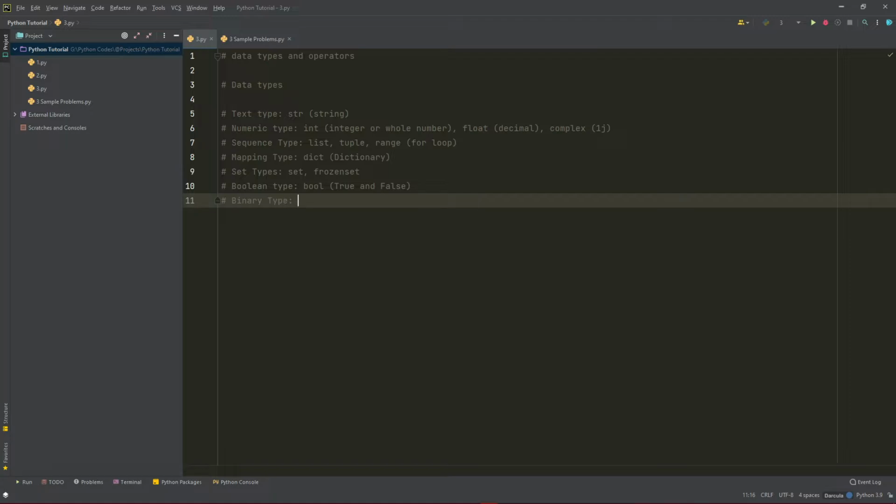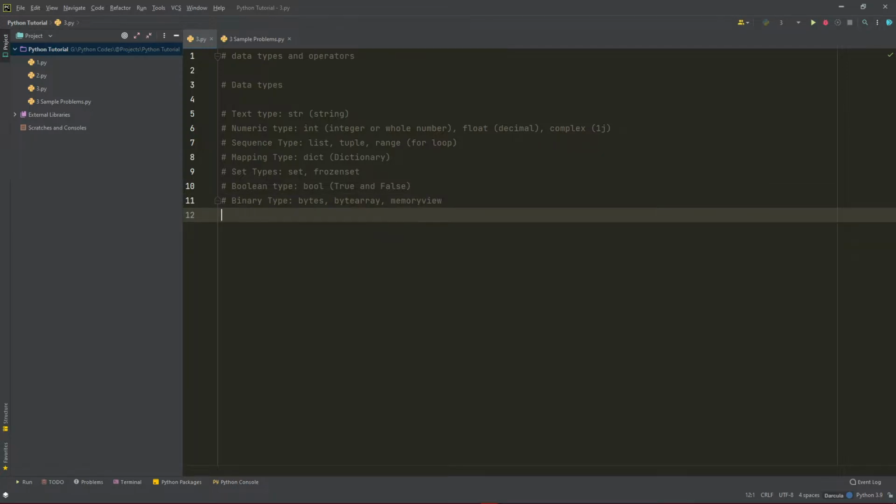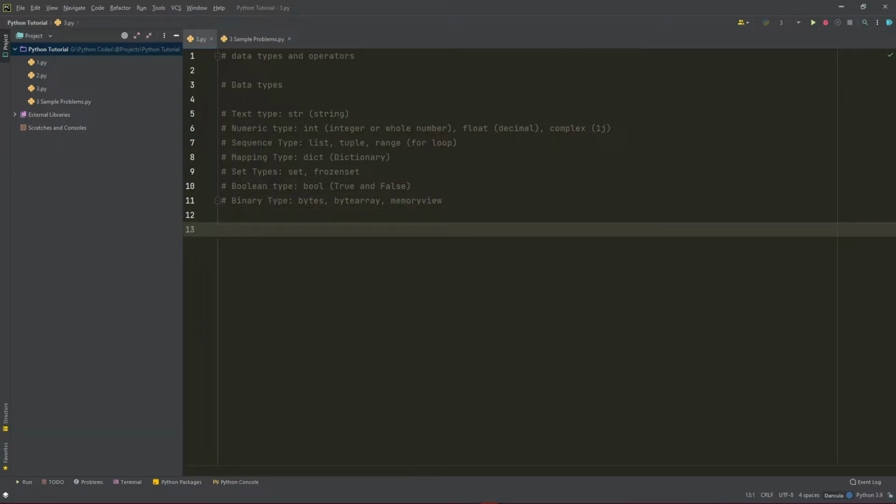Now, I don't usually use this binary data type on a daily basis. Basically, this is for memory management. I don't know if some programmers use this really, but here it is. We have the bytes, so it's dealing with memories, okay?